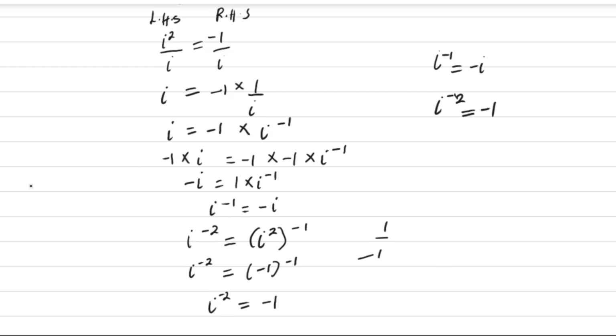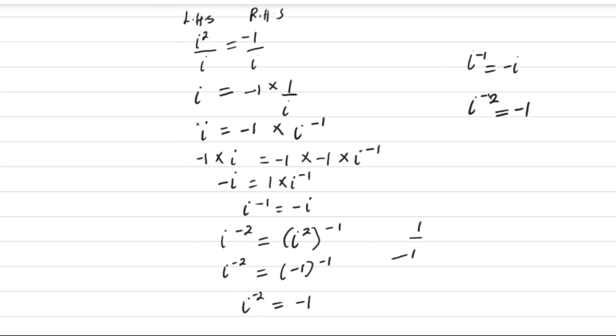So let me just prove for i raised to power minus 3. i raised to power minus 3 is going to give us i raised to power minus 2 times i raised to power minus 1, because minus 2 plus minus 1 gives us minus 3.